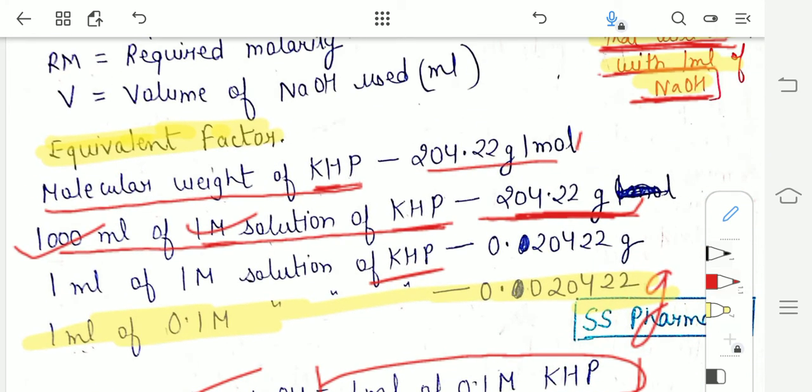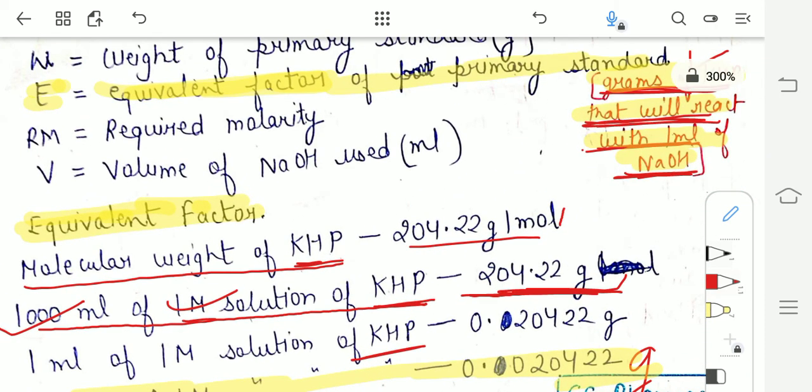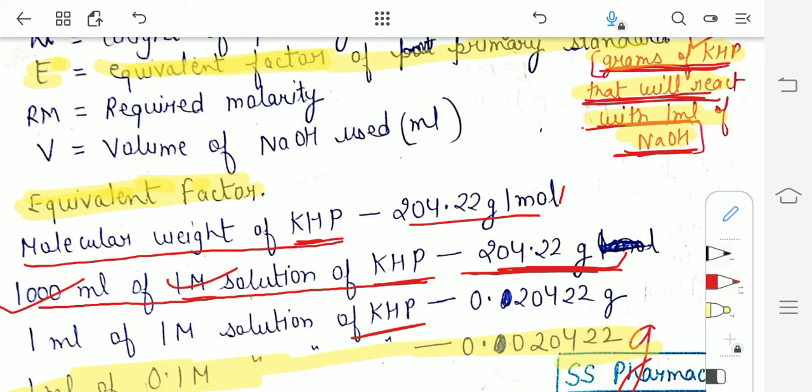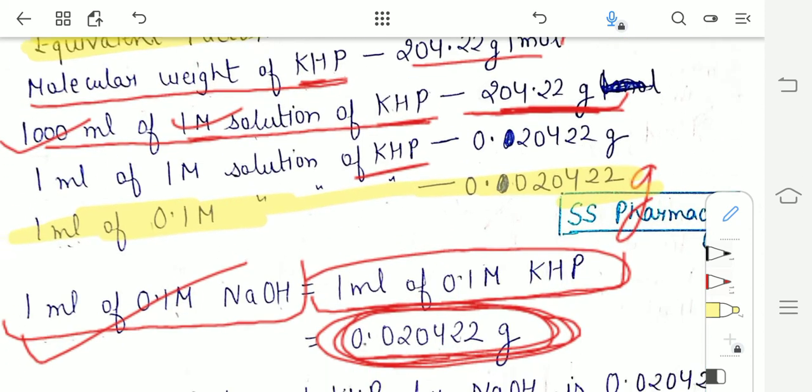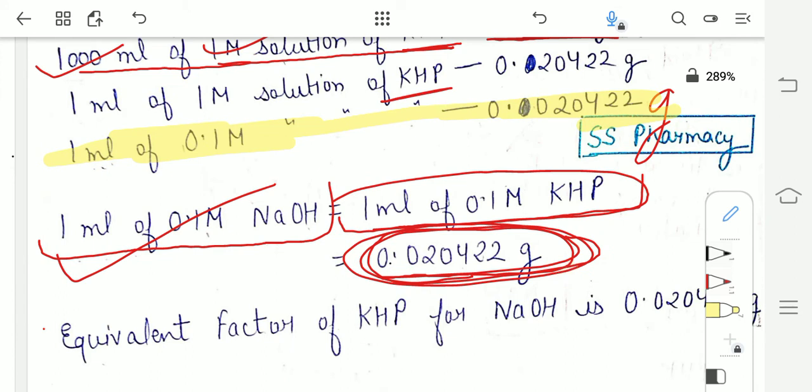This means that this much potassium hydrogen phthalate will react with 1 ml of NaOH. When we talked about the equivalent factor, I'm again repeating, we said it is the grams of KHP that will react with 1 ml of NaOH, and here we calculated it.